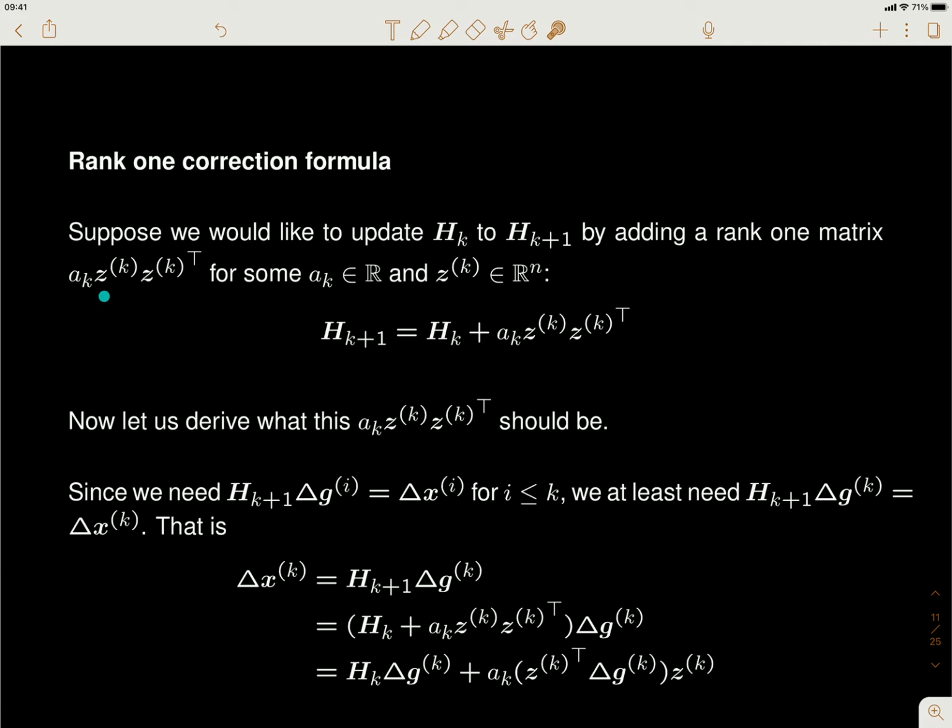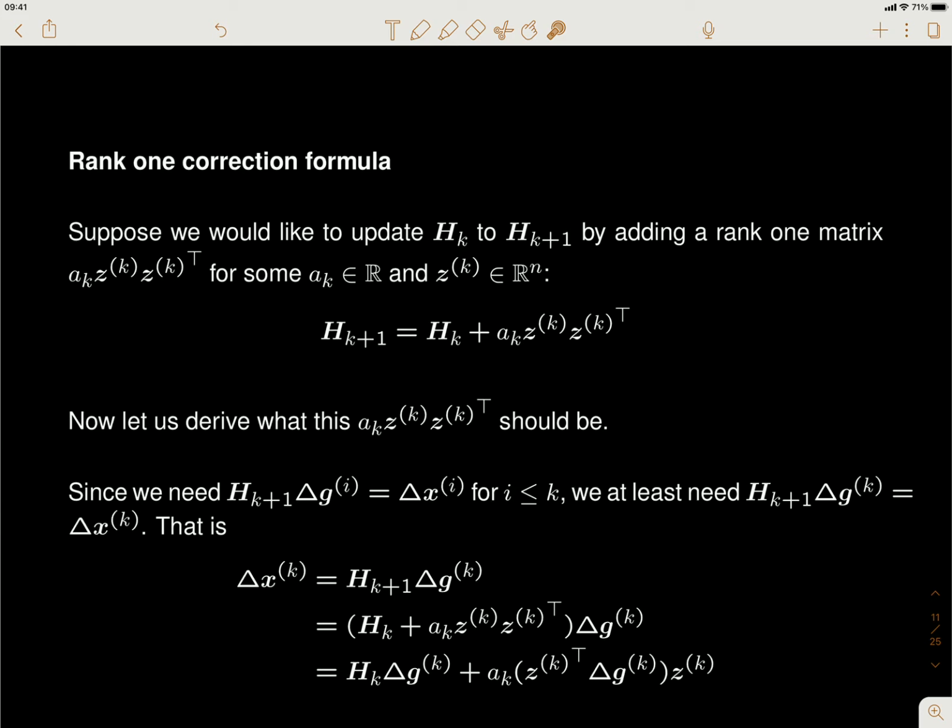So here, this is a column vector zk and the same vector, but I put it transposed, which is a row vector, and the product of these two gives us a matrix, and that is a rank 1 matrix. Sometimes it's also called the outer product of the vector zk. And this a is just a scalar. So now this will be our rank 1 update, or rank 1 correction, formula. And the question is how should we choose this ak and how should we choose this zk vector?